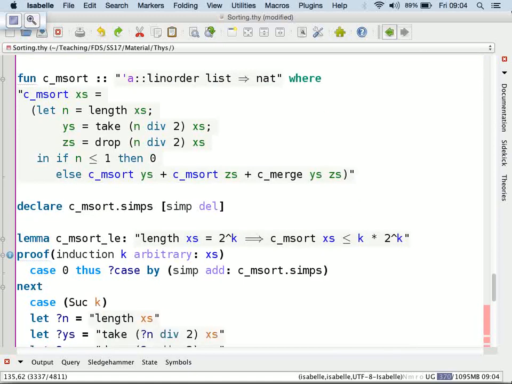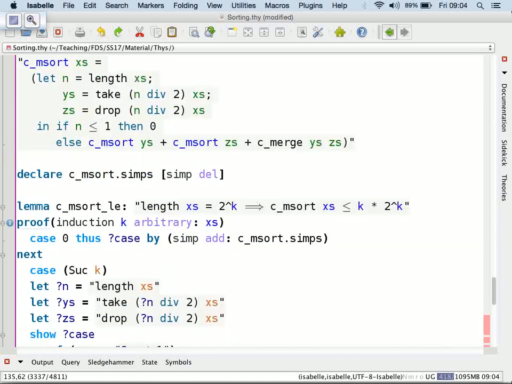Then let's just look at the main proof, or first the main statement, and we will only prove the number of comparisons of merge sort in case the length of the list is a power of 2, because otherwise the n div 2 does funny things, and it just gets more difficult to do this estimate.